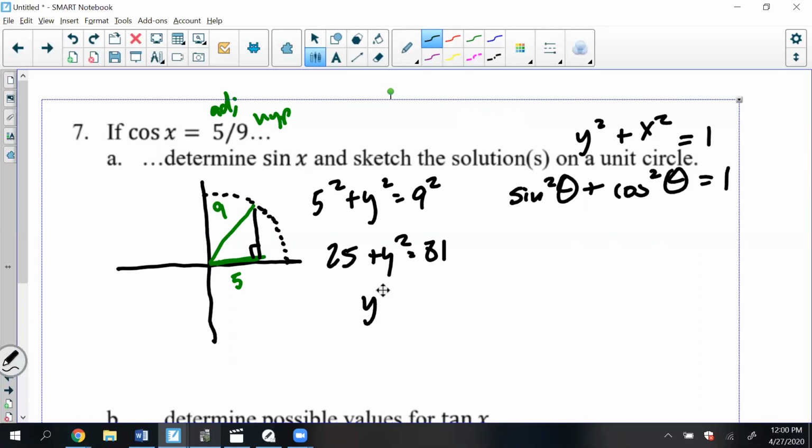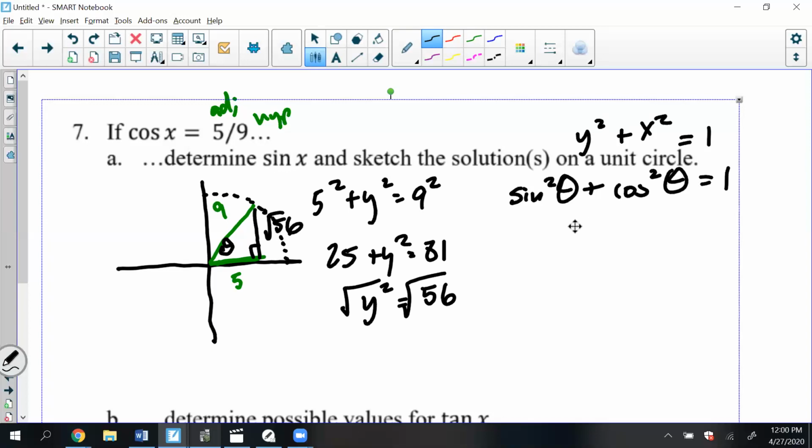Subtract that, it's not going to be very nice. It's not a Pythagorean triple per se. But what do we get? 56. And then take the square root of that. This would be the square root of 56. And then really I just go with the sine. The sine of theta is square root 56 over 9. And that would be my final solution.